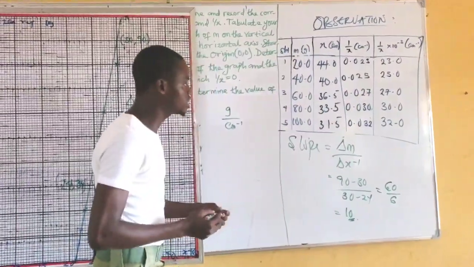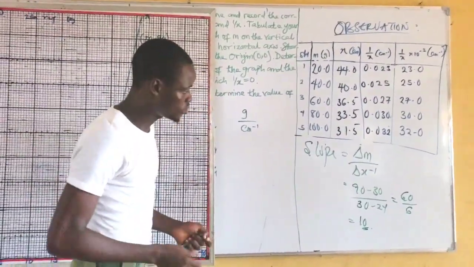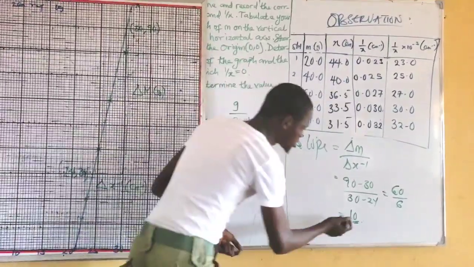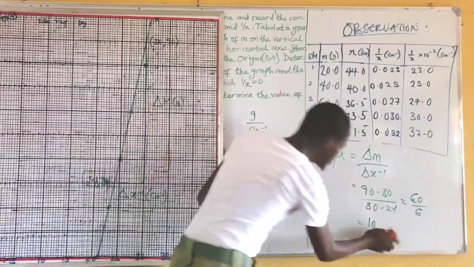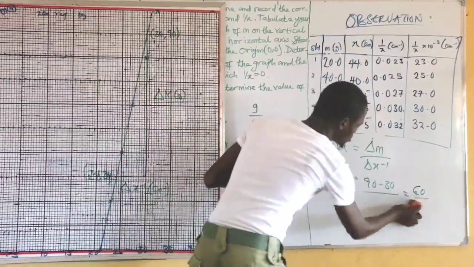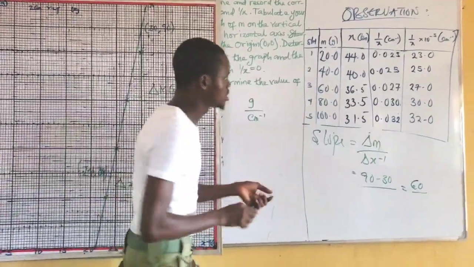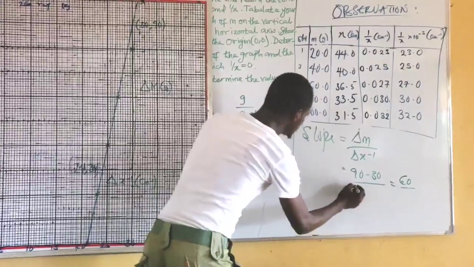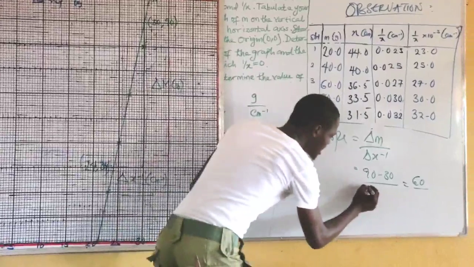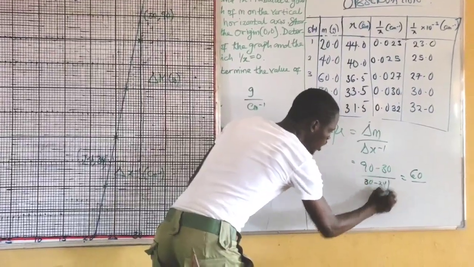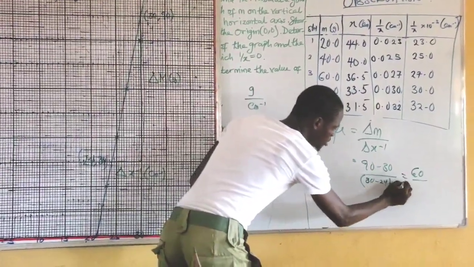So I think that 10 raised to the power minus 3 should be included in your calculation. But we can just put it like this. It is 30 minus 24, everything times 10 raised to the power minus 3.